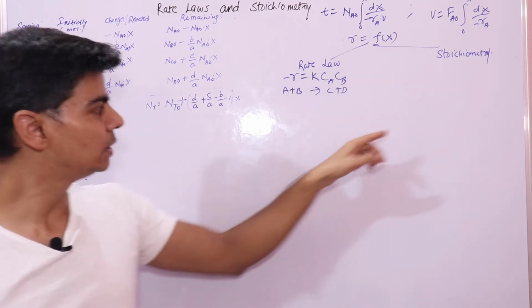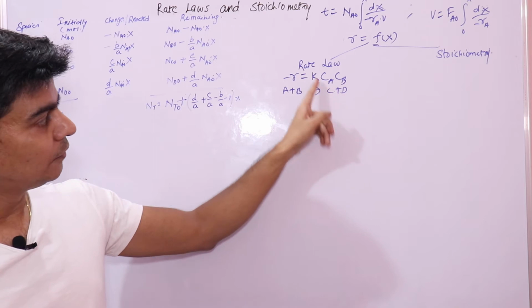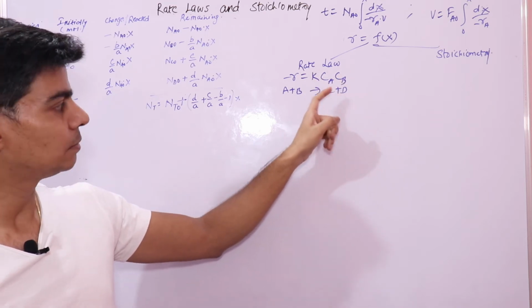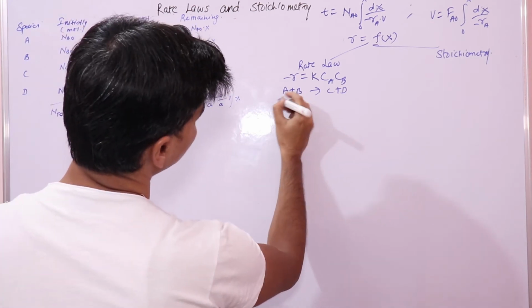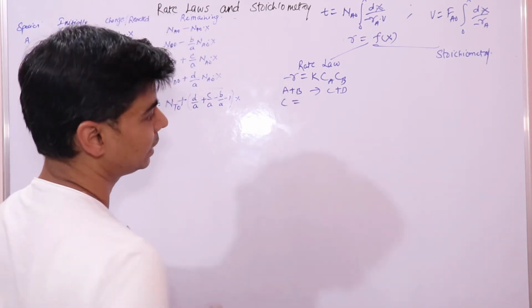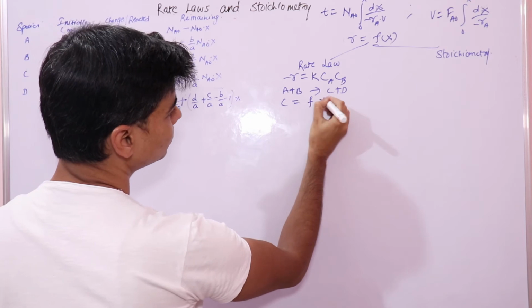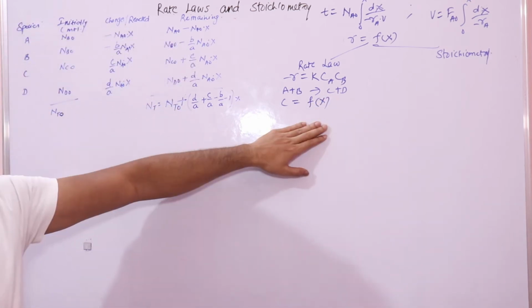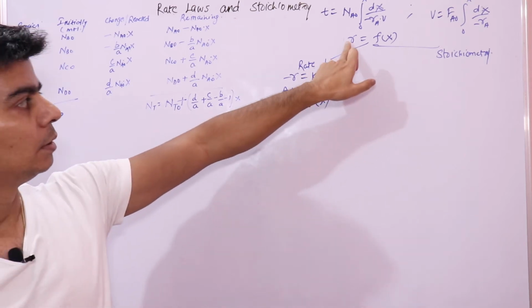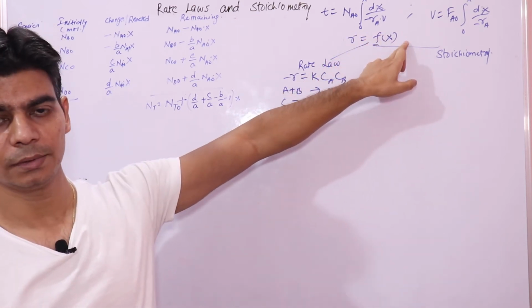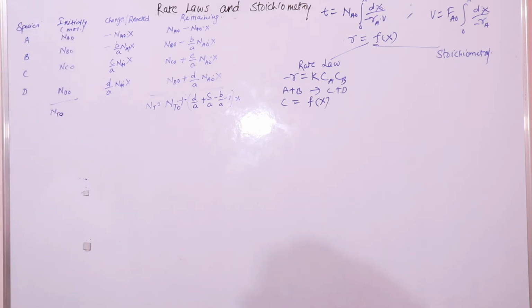So we will express concentration in terms of conversion. This is what we need to do in order to derive rate in terms of conversion.